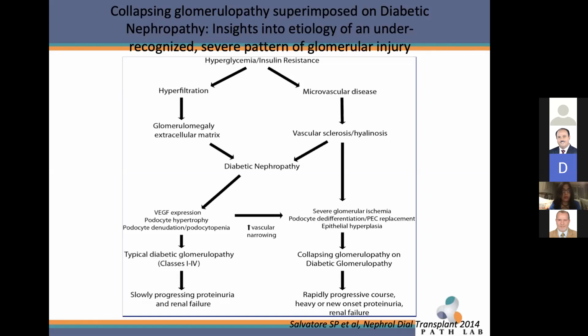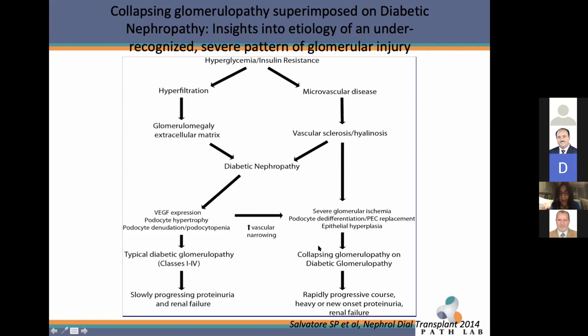Now, what's interesting in this study, regardless of whether this pathogenesis is probably right or not, or whether these patients are common or not, is that this follows the same concept we've discussed before, that we have a collapsing glomerulopathy in severe ischemic insult. And any severe ischemic insult can give you collapsing glomerulopathy.